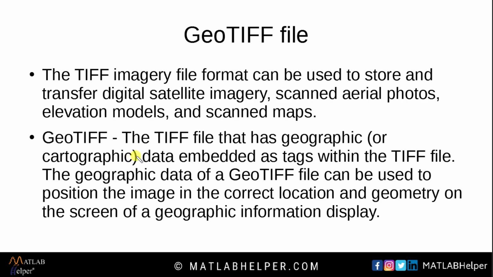GeoTIFF is a TIFF file that has geographic data embedded with tags, such as the name of the place, the temperature of the place, and many other attributes attached to each place as a tag. So a TIFF file with such tags is known as a GeoTIFF file.